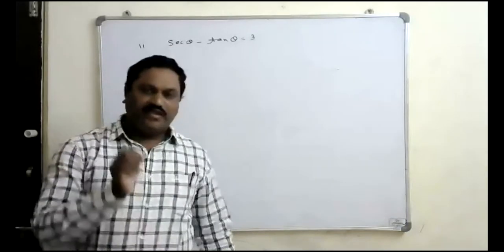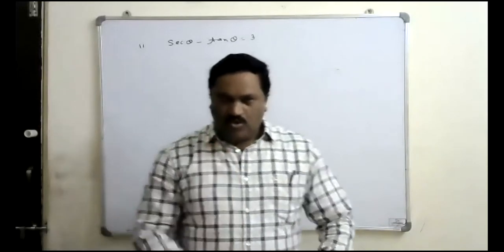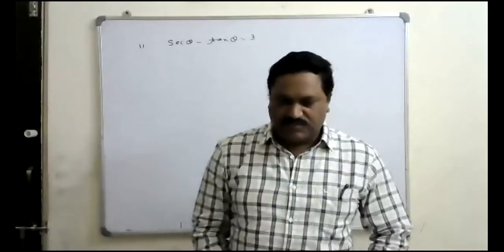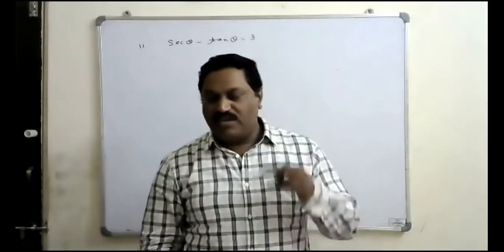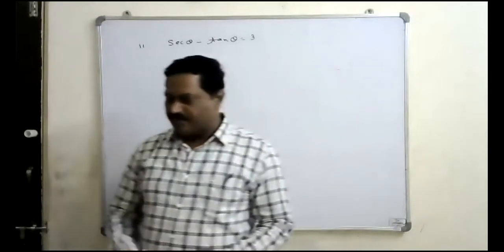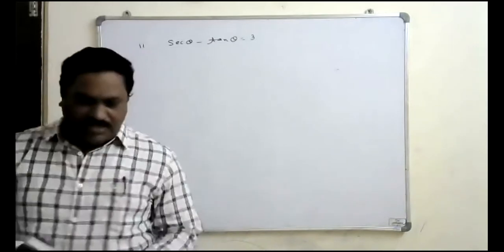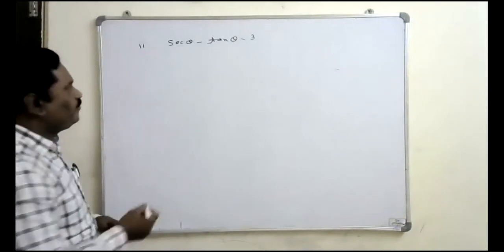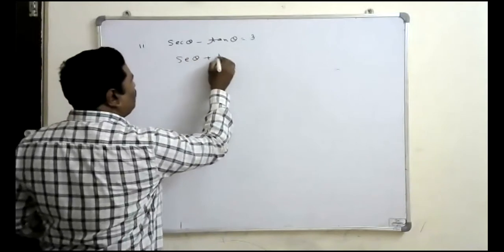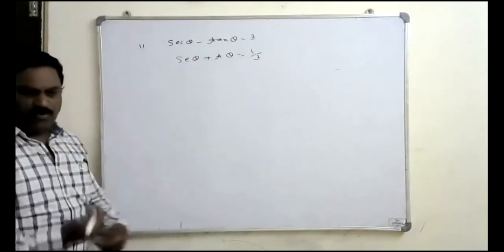To find the quadrant in which the angle lies, we should know the sign of at least 2 trigonometric functions. If secant theta minus tan theta is given, automatically we take the reciprocal. Therefore, secant theta plus tan theta is equal to 1 by 3.